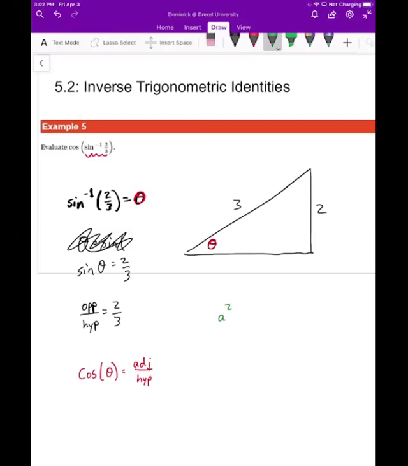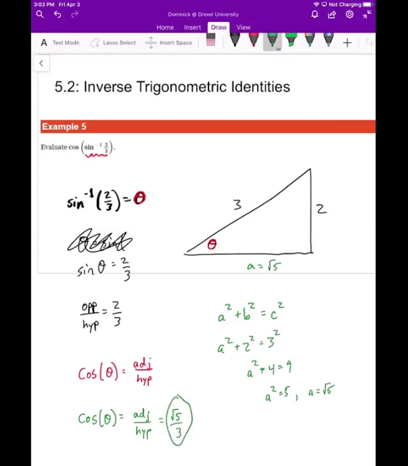Yeah, because we can use a squared plus b squared equals c squared. If I call this a, we'll get that a squared plus 2 squared is equal to 3 squared. So I'm going to get a squared plus 4 is equal to 9. So a squared is equal to 5. So a is the square root of 5. So now I can get the cosine of this angle because that's adjacent over hypotenuse, and I'll get square root of 5 over 3.